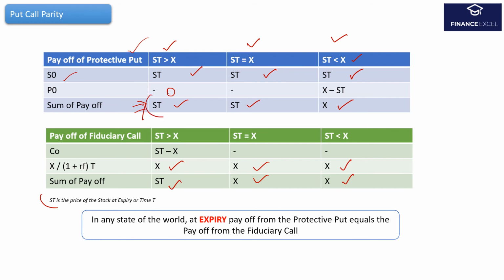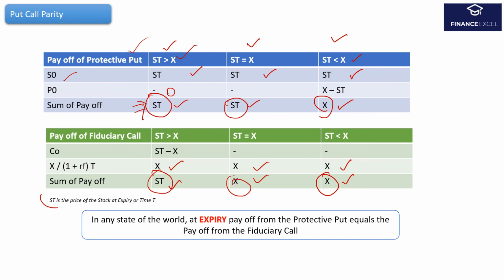Now, guys, we can see that the payoff from the protective put and the payoff from the fiduciary call are equal when ST is greater than X. Similarly, they are equal when ST is less than X. And when ST equals X, the payoff from the protective put is ST, and the payoff from the fiduciary call is X. So you might think that the payoffs are different.